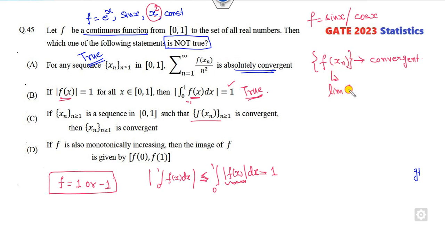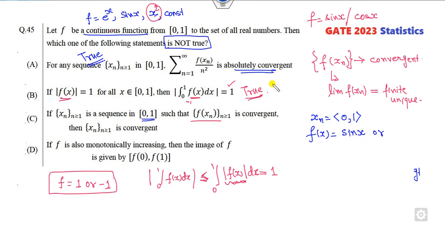That means the limit of this is finite and unique. Then xn is also convergent. You can consider any sequence on 0, 1, and the function I can simply take as sin x.